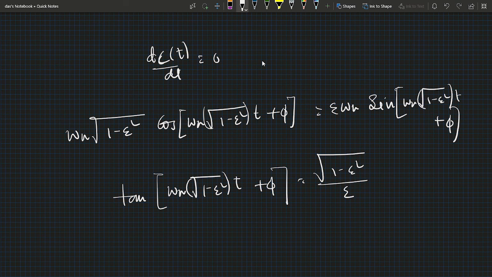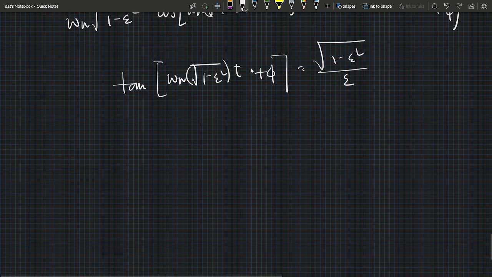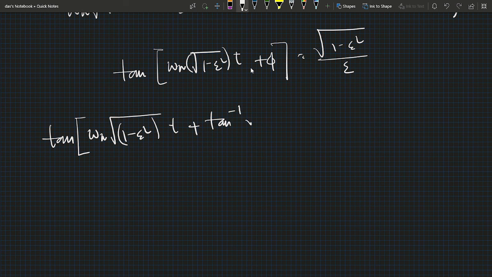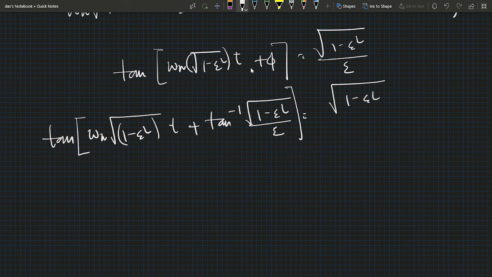From here, putting the value of phi equal to tan inverse of root 1 minus zeta square by zeta, this is tan of omega n root 1 minus zeta square t plus tan inverse root 1 minus zeta square by zeta equals root 1 minus zeta square by zeta.